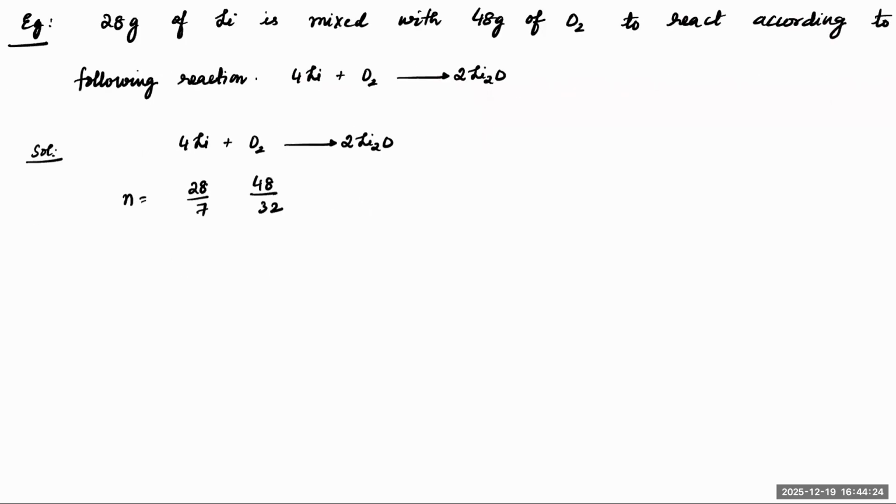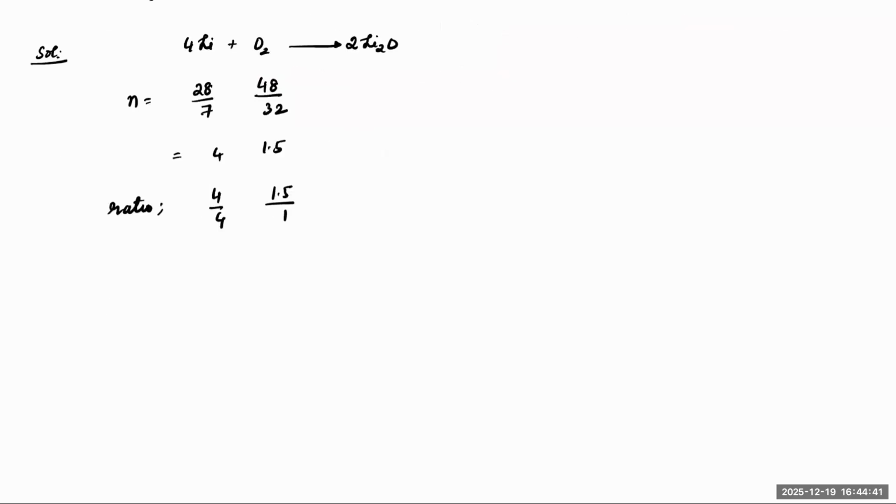This is coming as 4, and this as 1.5. And what is the ratio here? The stoichiometric ratio is 4 divided by 4 here, 1.5 divided by 1 here. So the oxygen value is greater.